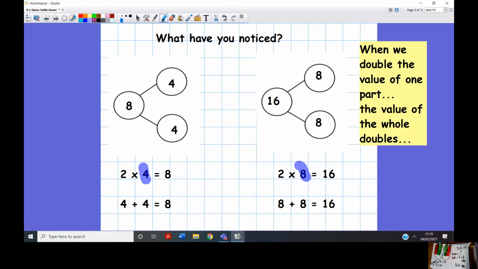So we know 2 times 4 is equal to 8. I've doubled my part 4 to 8. So 4 times 2 is equal to 8. Then that means my product, my answer, or my whole, has also doubled. Interesting.